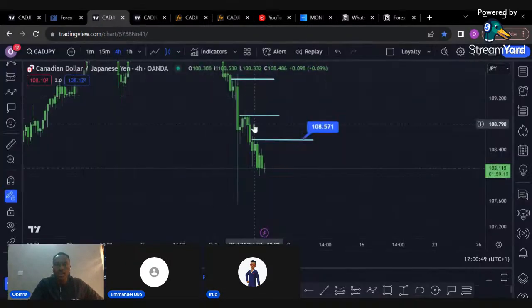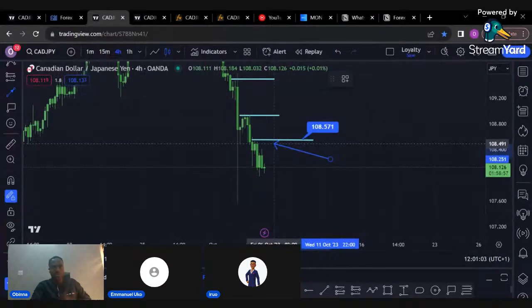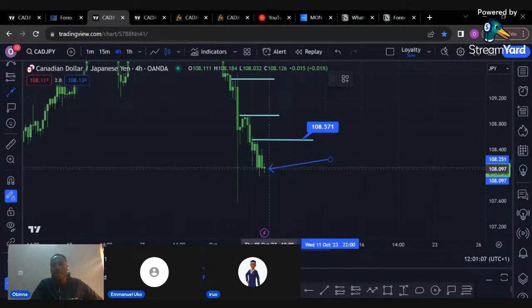What I was saying is that if you're just using the higher time frame to execute your trade, that is the 4 hours, the best place to take the trade would be to allow price to pull back to this place, that is 1085.571, or price should make a new lower high around here for you to continue to go down.